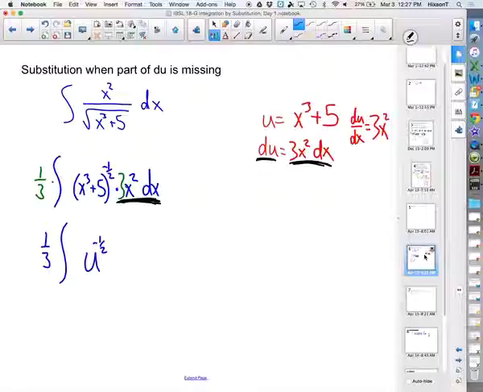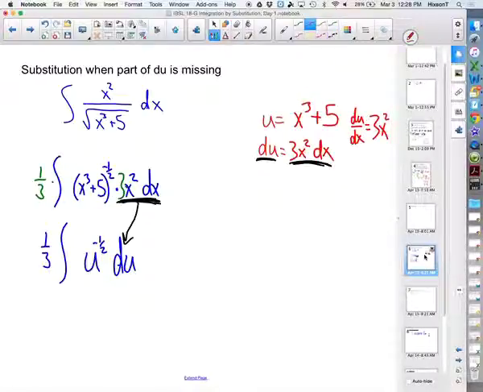And then this whole thing I'm replacing with du. Now that looks a whole lot easier to integrate than this up here does. That's what makes u substitution so helpful. We can take things like this, and a lot of times we are able to figure out a way to substitute in this du.